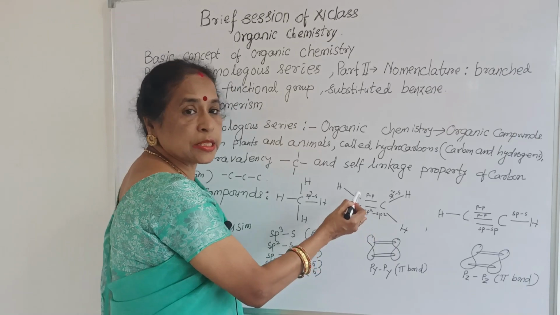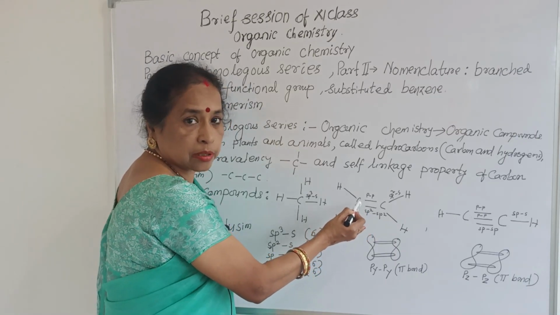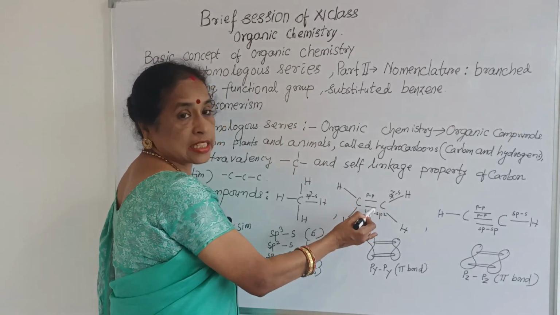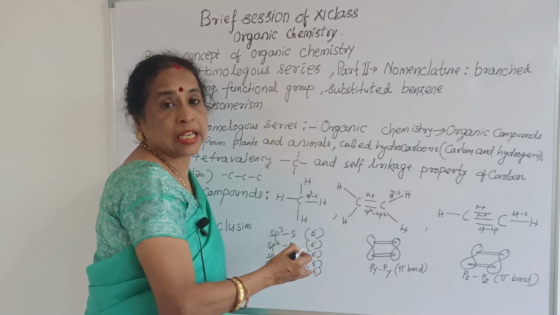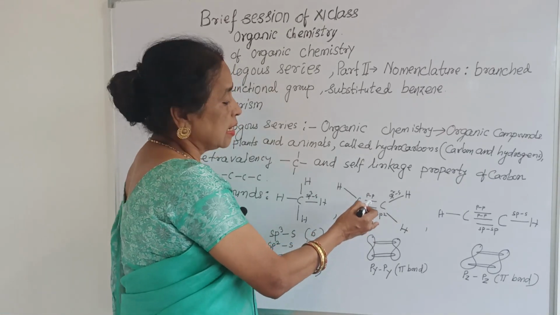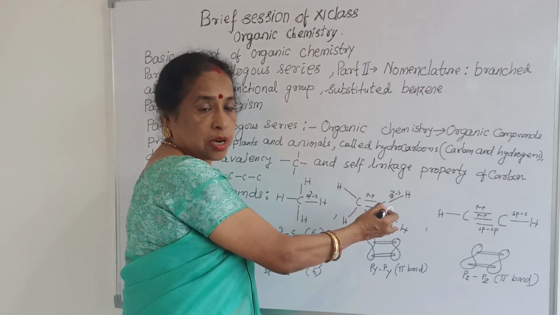The sigma bond is formed by the sp2 hybrid orbital of this carbon and the sp2 orbital of this carbon, so it gives a sigma bond, that is sp2-sp2 overlapping. And the pi bond is formed by lateral or sidewise overlapping of the p orbitals of these 2 carbons.